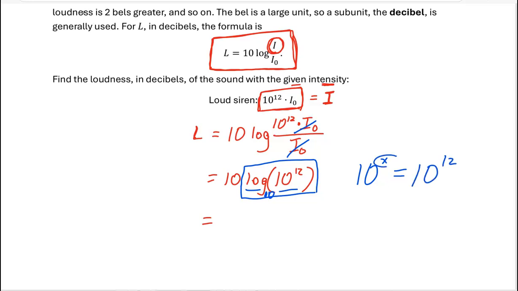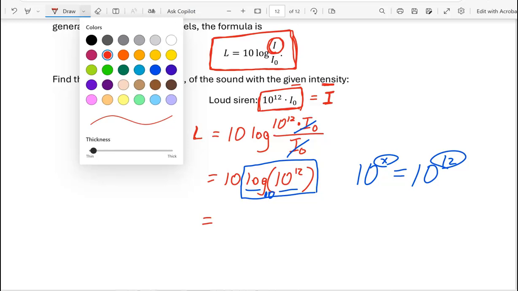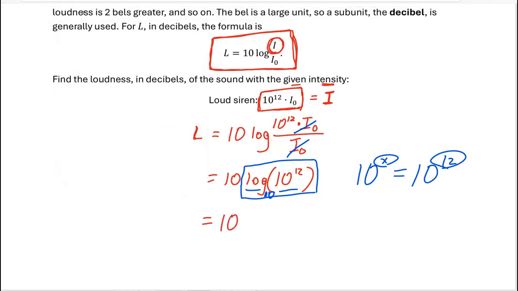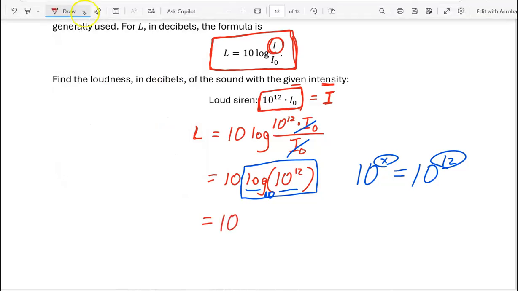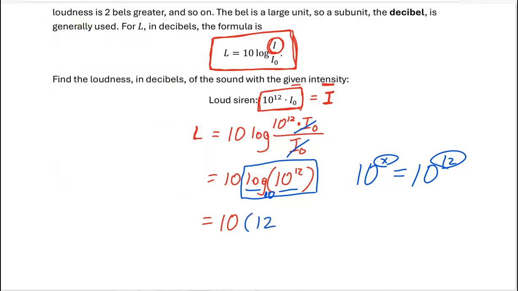Well, duh, the exponent is 12, right? So this would be the same thing as 10 times just 12. Literally 12 would be what log of 10 to the 12th is. It's kind of like the log and the 10 cancel out.